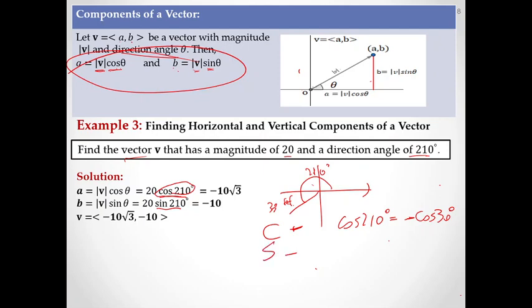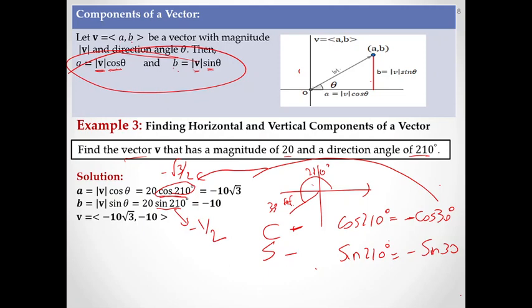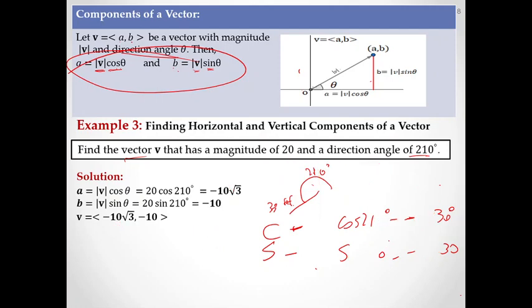And sine is also negative here, so you write sine 210 is equal to negative sine 30. And we write here minus square root 3 over 2, and here negative 1 over 2. And then you calculate these components, and we get negative 10 square root 3 and negative 10.